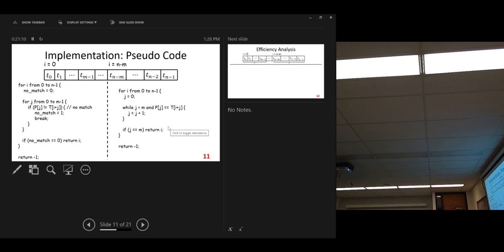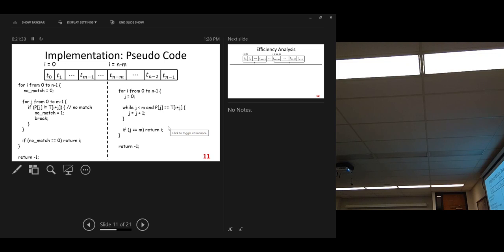At the end, you compare whether your j reaches m or not. If j reaches m, that means you got all comparisons correct, all matching. So the code is very simple.